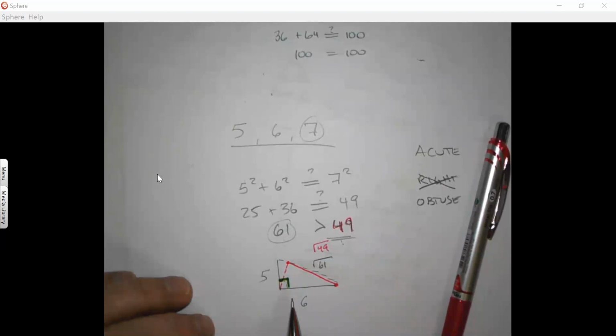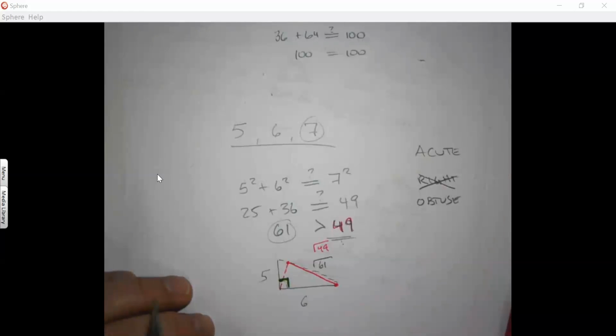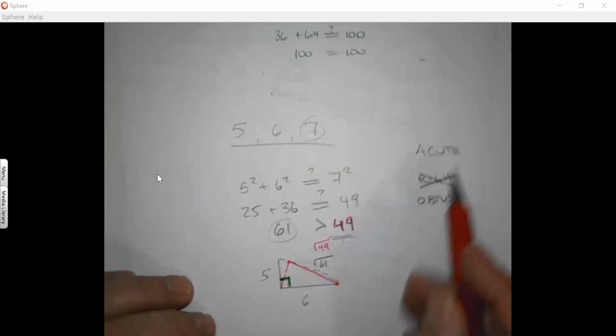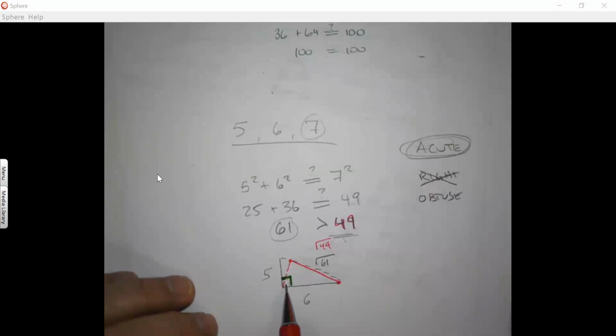So 2 people actually said this correctly to me privately. What do we think? What happened to the right angle? Is this pink triangle now acute or obtuse? It's acute because it's pinched in.